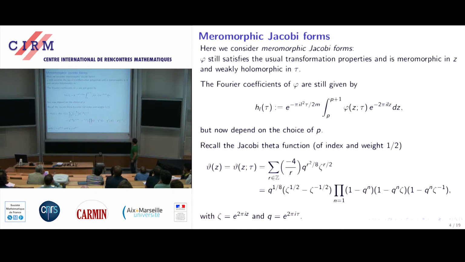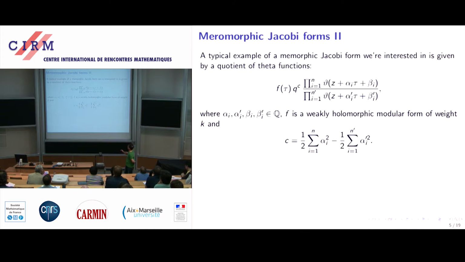You can see that from this nice product expansion here. You know exactly where the zeros are. So if you want to come up with a meromorphic Jacobi form, you could consider, for example, something like this. I've just taken a theta quotient, and you put some theta functions up here, you put some theta functions up there.